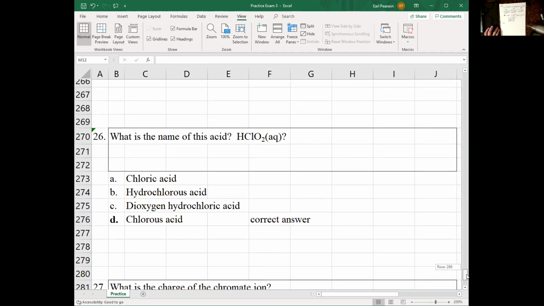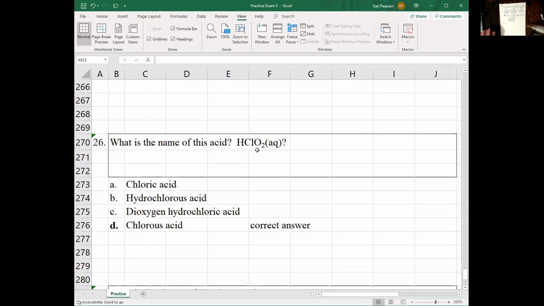The name of this compound is HClO2. Now, remember, HClO4 is perchloric acid. HClO3 is chloric acid. HClO2 is chlorite, so this is a chlorite. ITE goes to OUS in naming the acid.